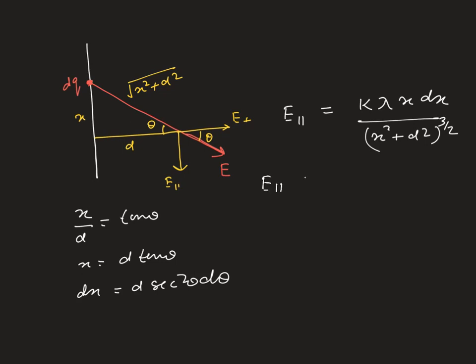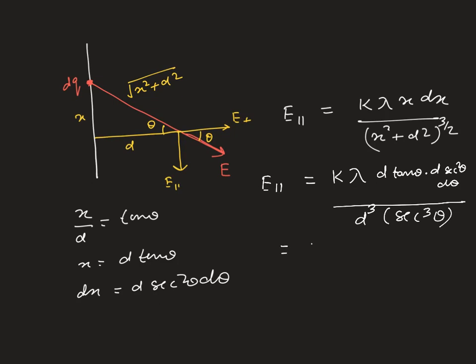So E parallel will become equal to k lambda d tan theta into d sec squared theta d theta divided by d cubed sec cubed theta.